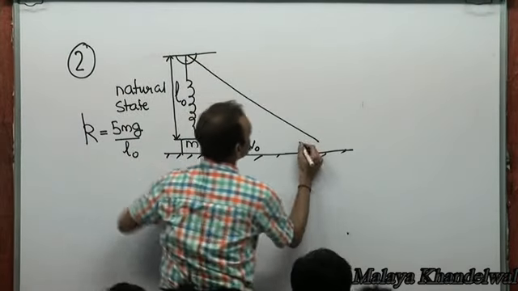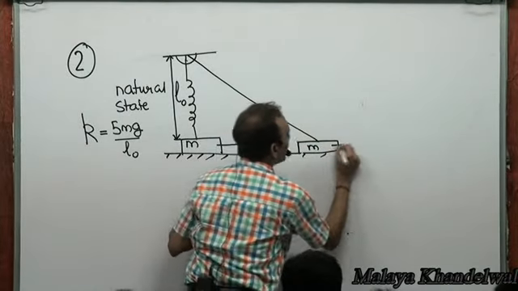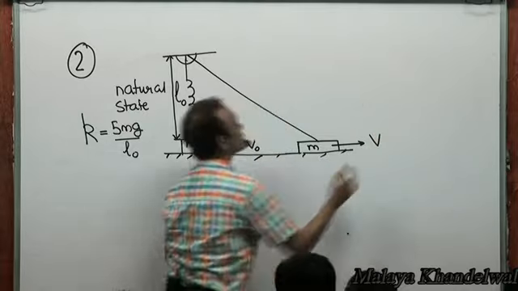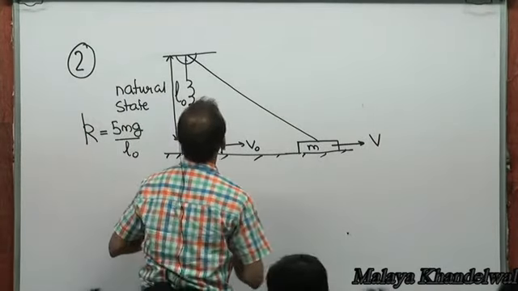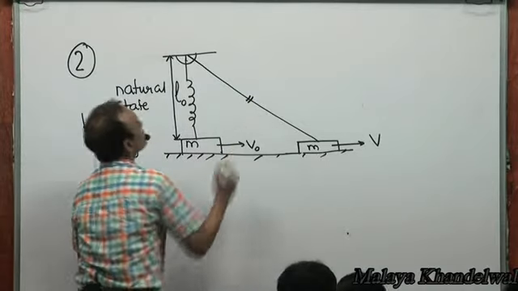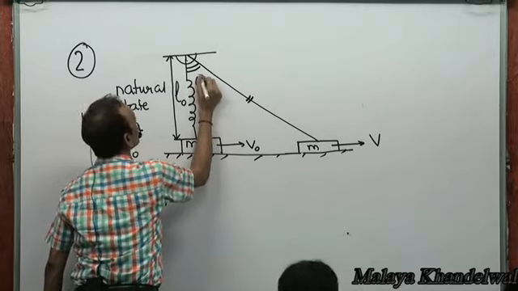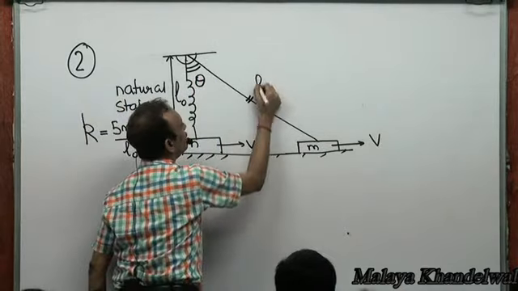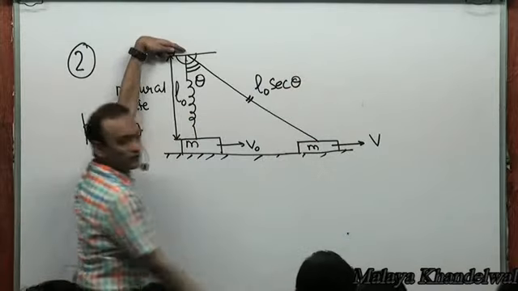This becomes the spring, this becomes the particle, and the particle at this instant develops a velocity v. Suppose this angle is theta. Then the new spring length will be L naught sec theta.